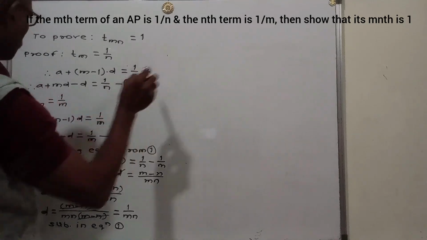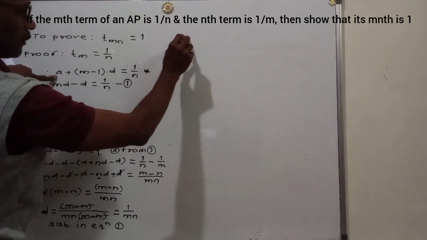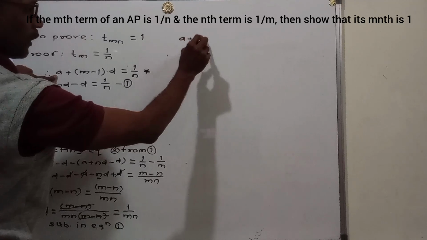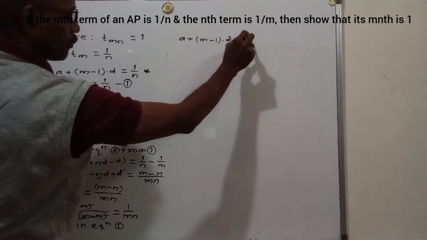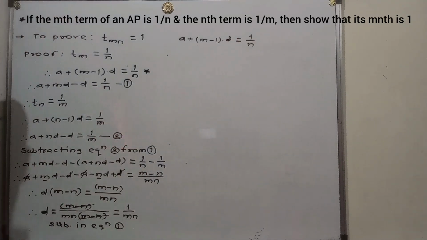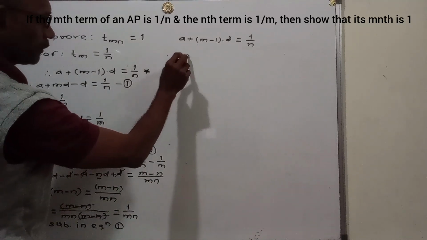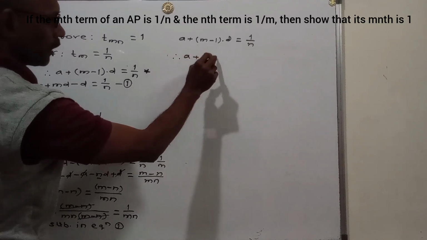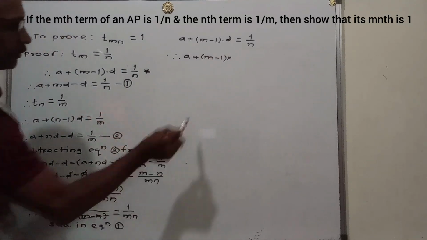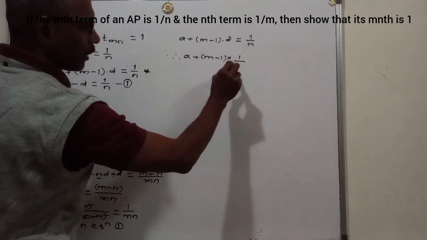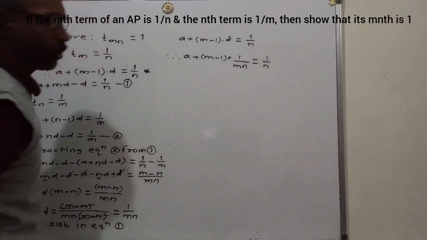Now see this, therefore I will take this: a plus (m minus 1) into d is equal to 1 upon n. Then we put this value: a plus (m minus 1) into the value of d, 1 upon mn, is equal to 1 upon n.